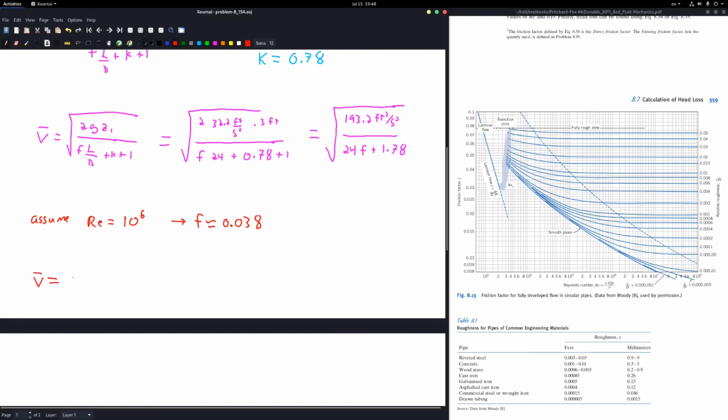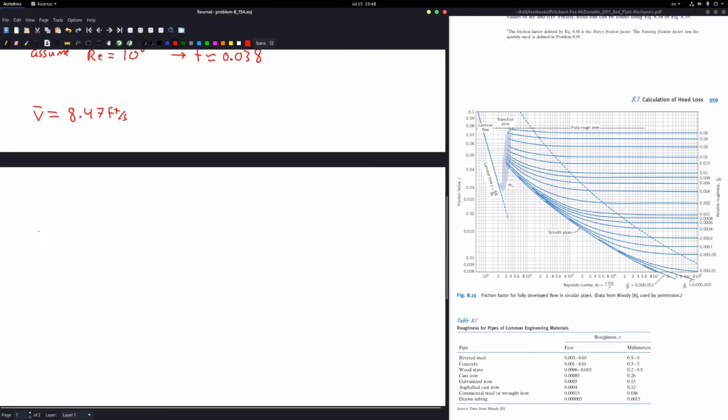Replacing the friction factor in our equation for the velocity, we get a velocity of 8.47 feet per second.